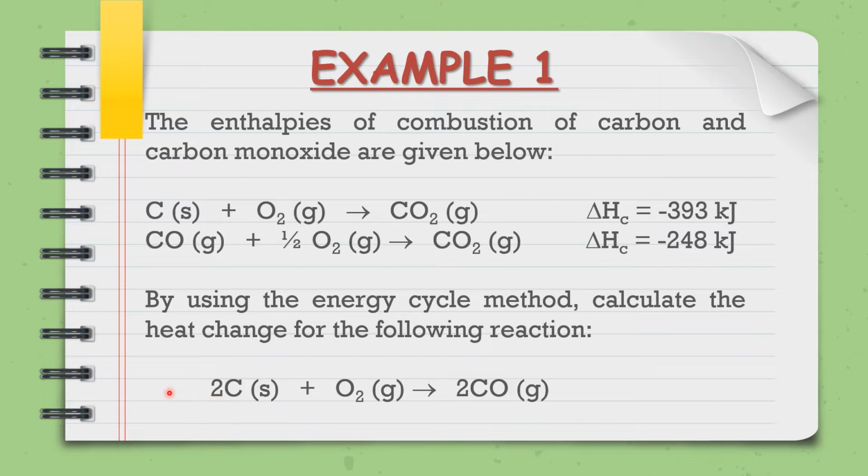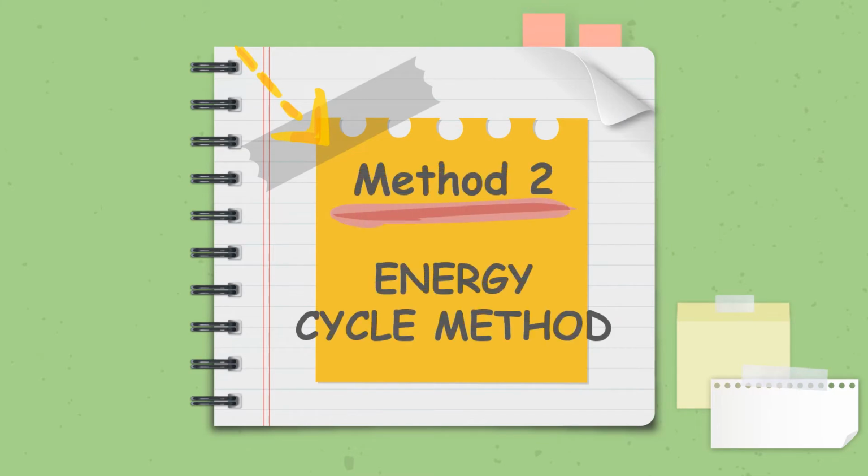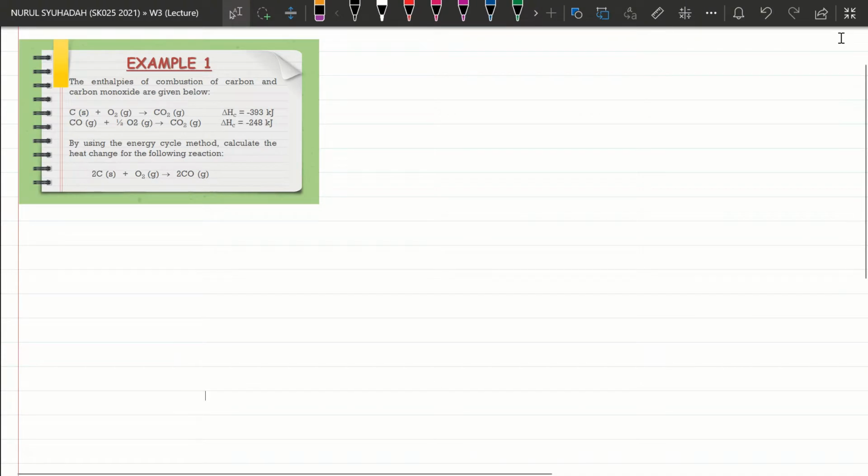Okay, now let's take a look at how to solve this question. We're going to use method 2, the energy cycle method. For example 1, the question already gave us so much information that we can skip a few steps. The first step that we can skip is coming up with the target equation, because the question already gave it to us.